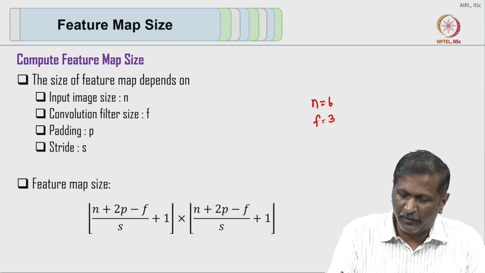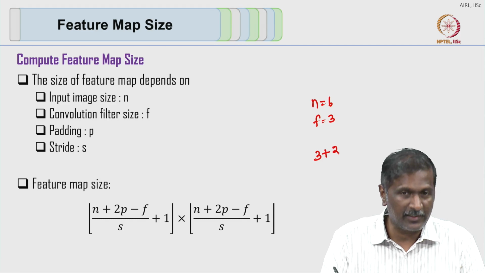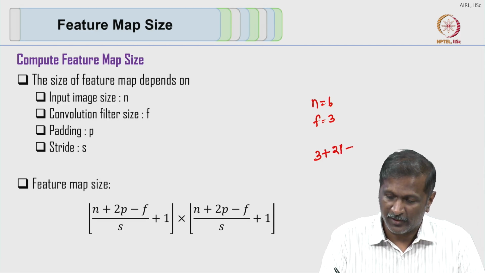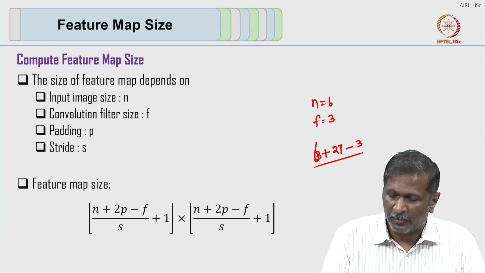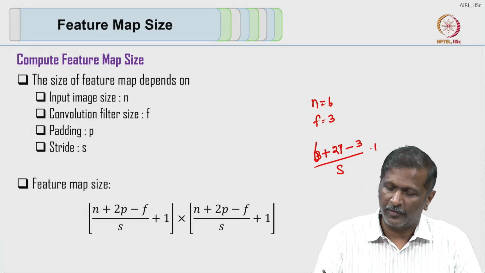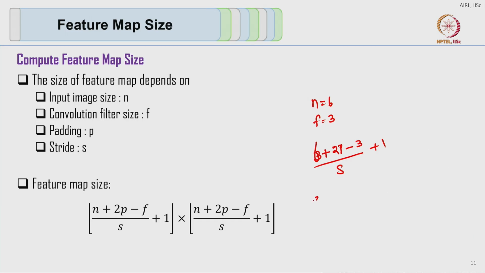So we have 6 plus 2p minus 3, divided by s, plus 1. We are going to stride by 1. Let us say s is equal to 1. Then what happens? 3 plus 2p plus 1 is my one dimension, which is 4 plus 2p. What size should my feature map or activation map be?